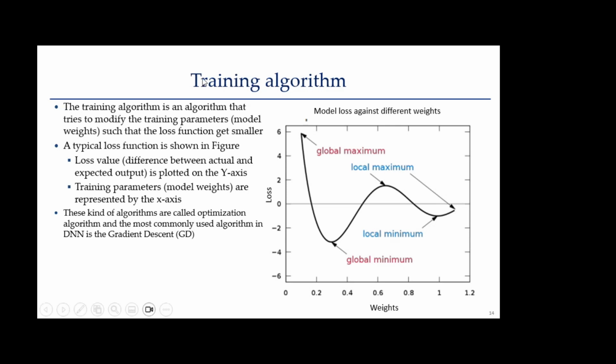The training algorithm is an algorithm that tries to modify the training parameters, which are the weights, such that the loss function gets smaller, and eventually, if our training algorithm is good enough, we can reach one of those minimums, either the global or the local minimum.